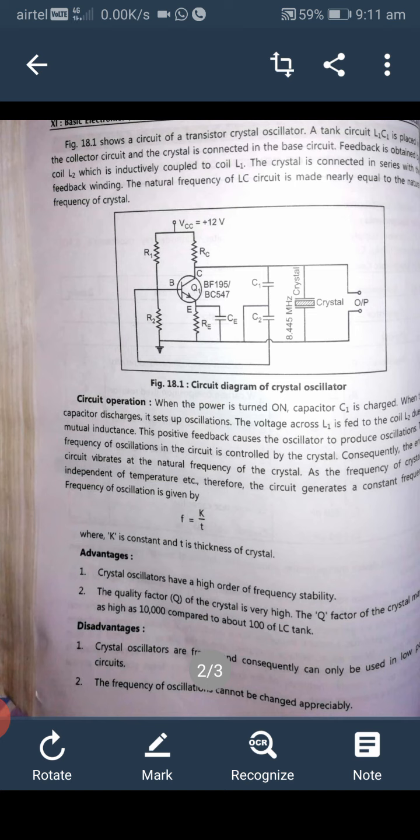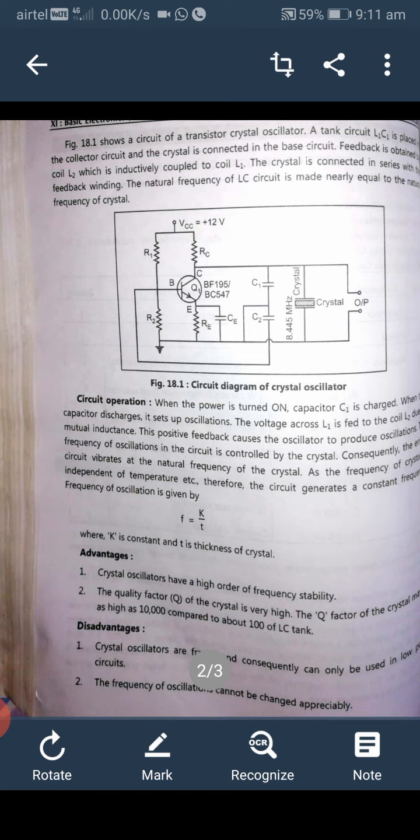The frequency of oscillation in the circuit is controlled by the crystal. Consequently, the entire circuit vibrates at the natural frequency of the crystal. As the frequency of the crystal is independent of temperature etc., the circuit generates a constant frequency.